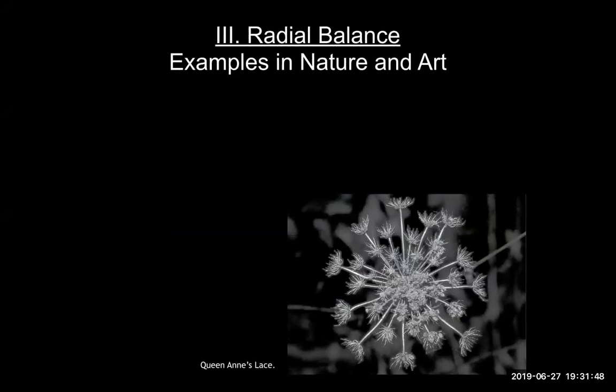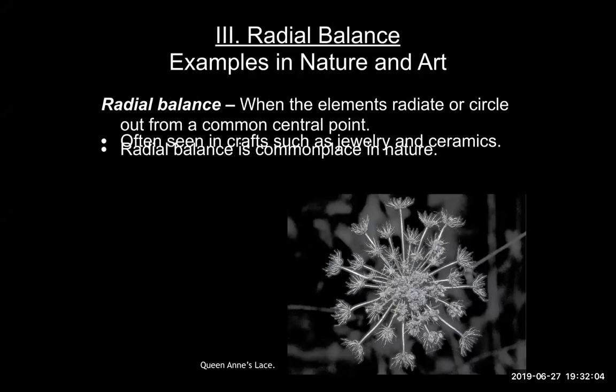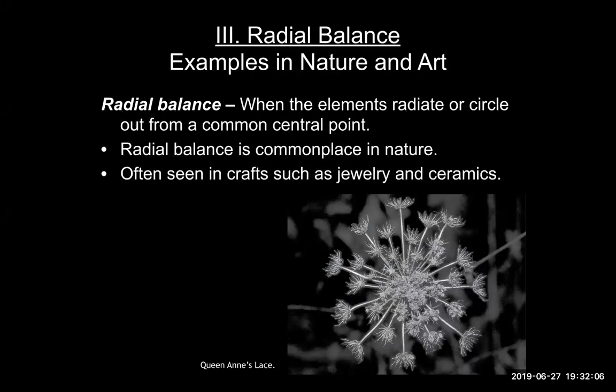The third type of balance is radial balance, and you've all seen a lot of it in both nature and art. And that's when all of the elements radiate out from some central point. Here's a picture or a photograph or an X-ray, I'm not sure what that is, of a natural object. And you also see a lot of radial balance in jewelry and ceramics.